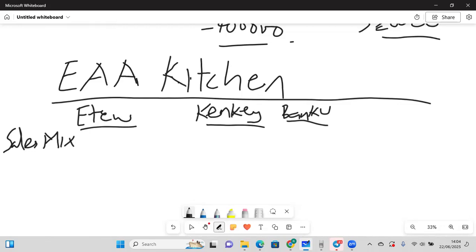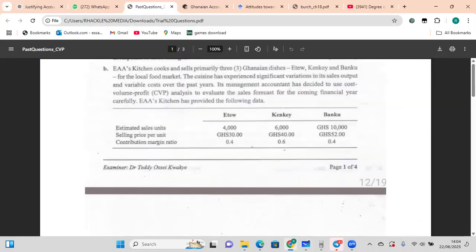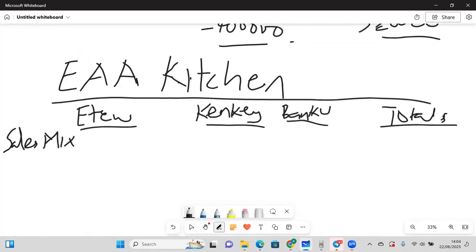And the totals will be here. So now this is going to be the sales mix. Because it is estimated in units, we have to do that. So 4,000, 6,000, and 10,000. But let's eliminate three zeros to make it easy. So let me just use 4, 6, and 10.